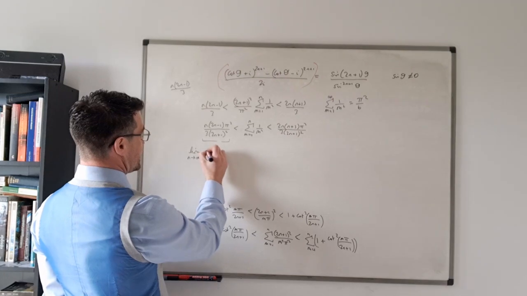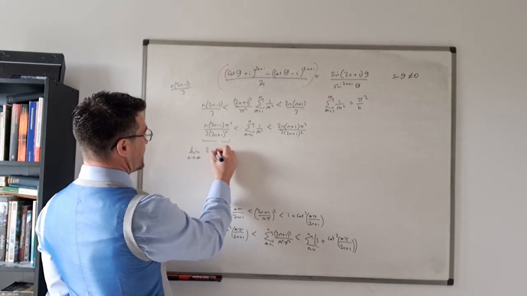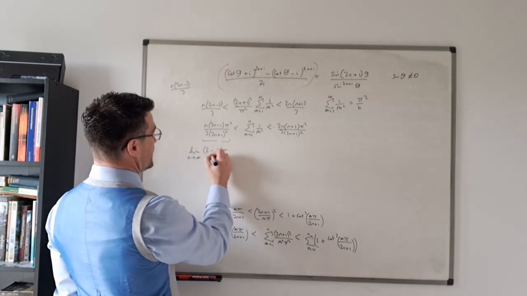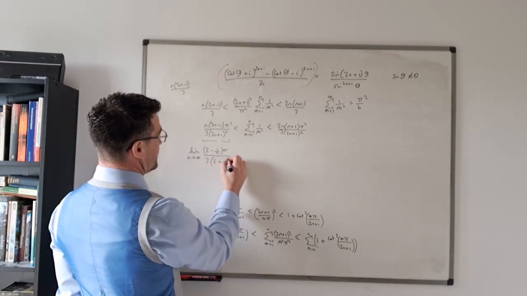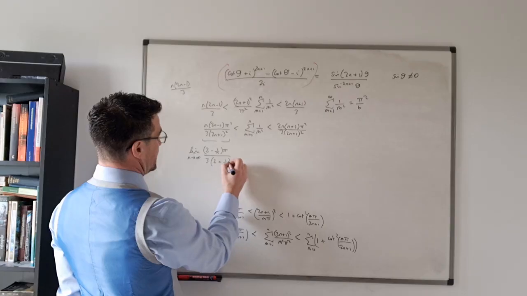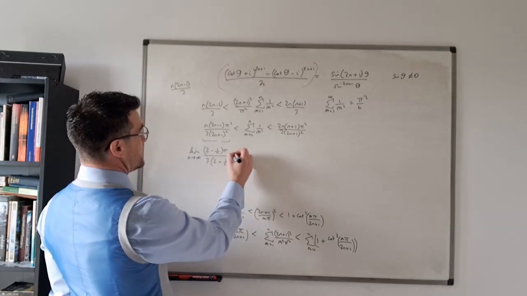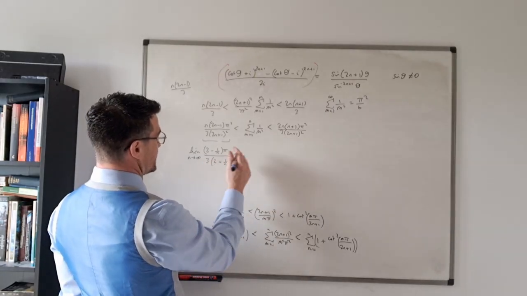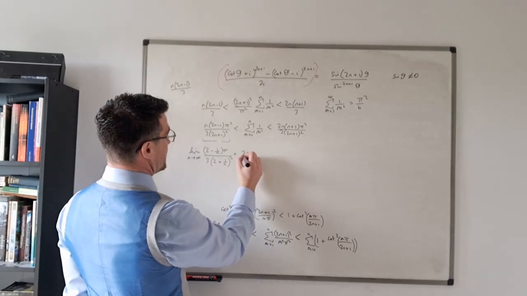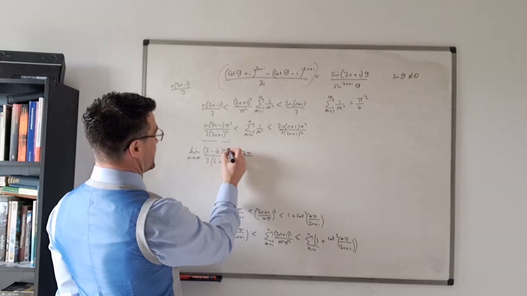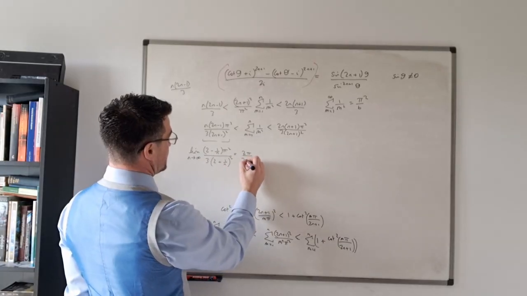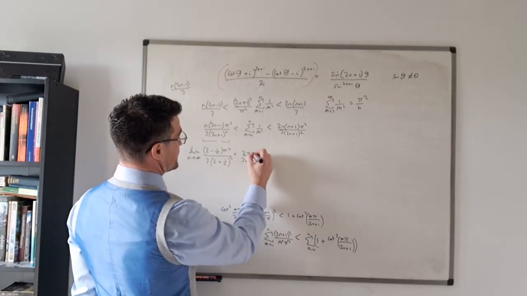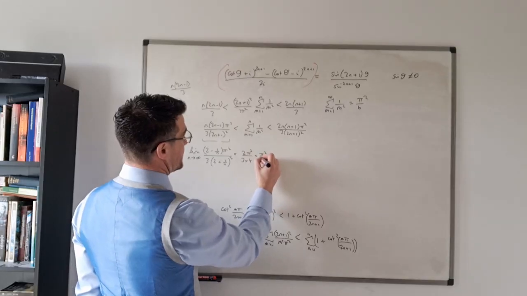And what that's going to give me is 2 minus 1 over n times pi squared over 3 times 2 plus 1 over n squared. And the limit of that is equal to 2 pi squared over 3 times 4, which is pi squared over 6.